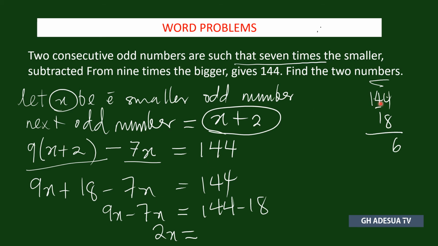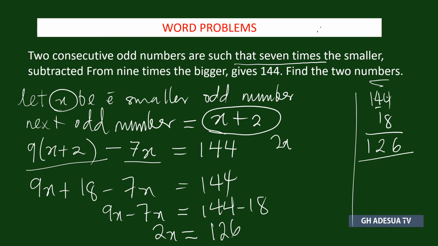Meanwhile, you have 3 over here. 3 left for the middle 4, because you moved 1 to join this 4. So 3 minus 1 is 2, and then 1, so 126. So 2x is equal to 126, but you want x to stand alone.